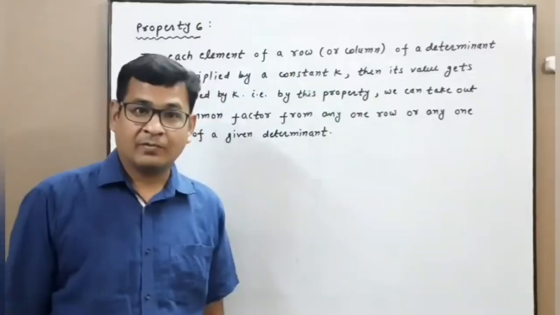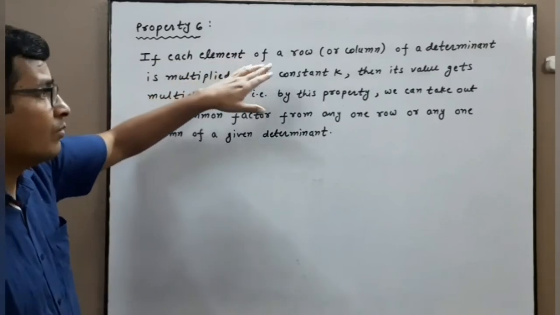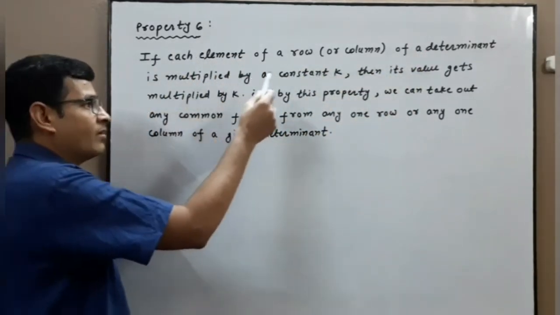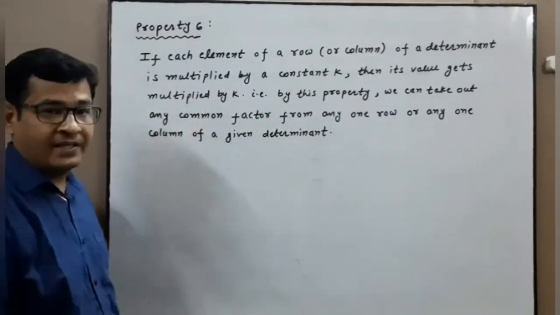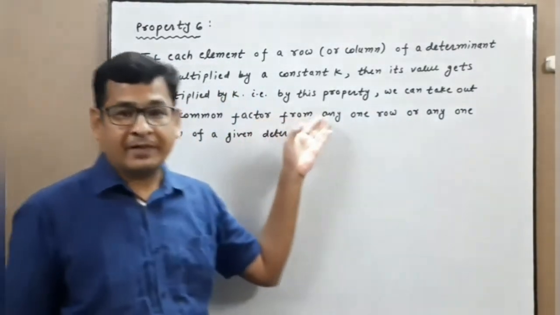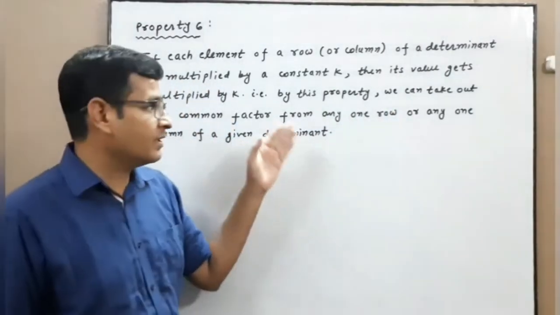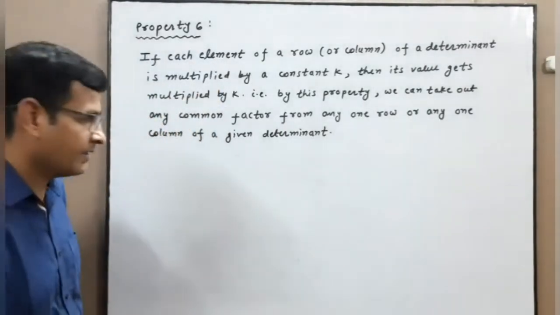Property 6. If each element of a row or column of a determinant is multiplied by a constant k, then its value gets multiplied by k. That is, by this property we can take out any common factor from any one row or any one column of a given determinant.